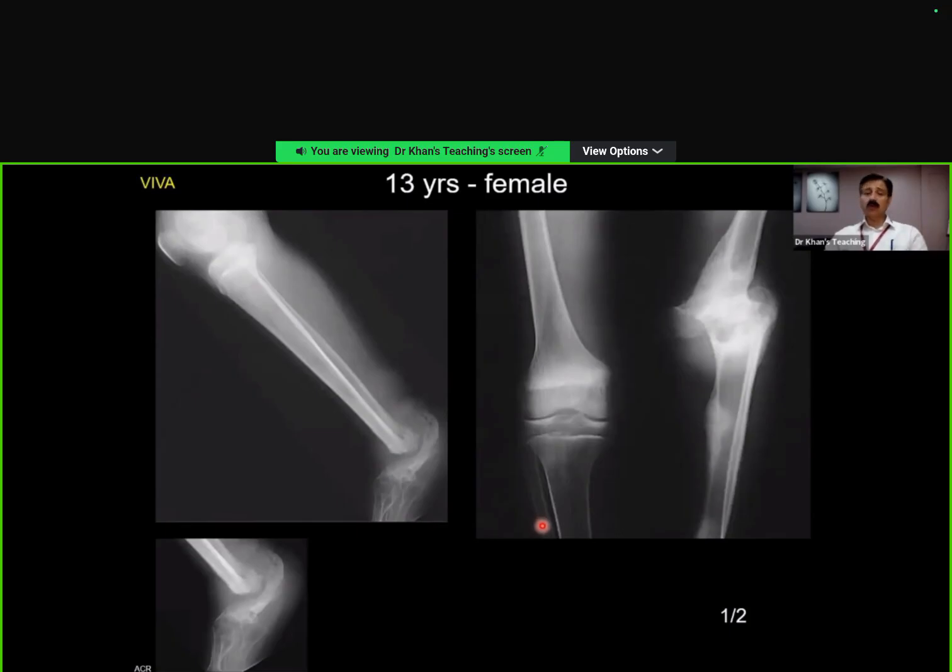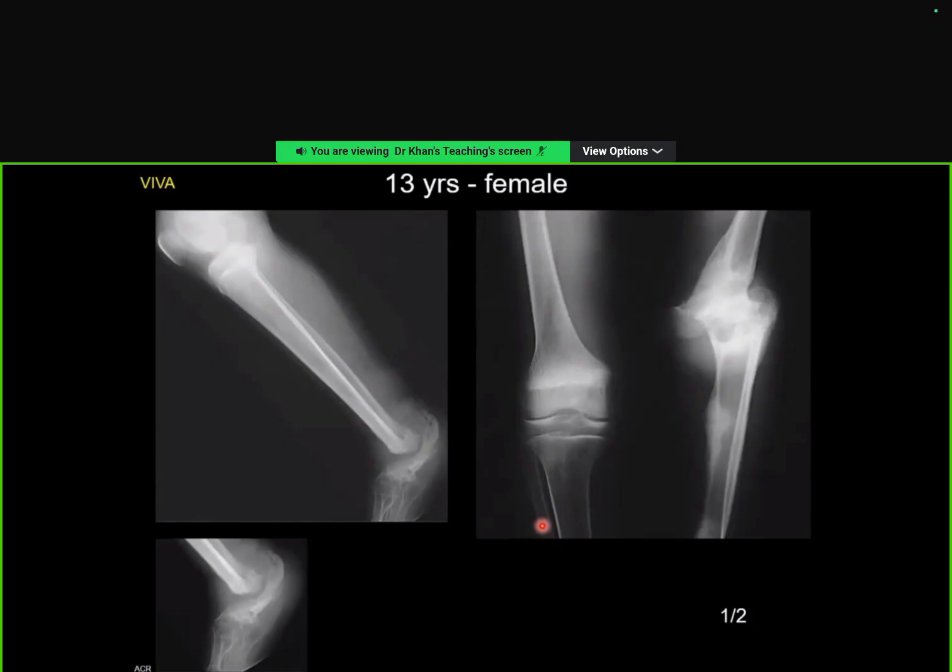Okay, candidate 1, over to you. So this is a radiograph of both knees, tibia and fibula and foot. So there's complete deformity of the left knee joint, which has a bizarre appearance with increased sclerosis and expansion of the joint.